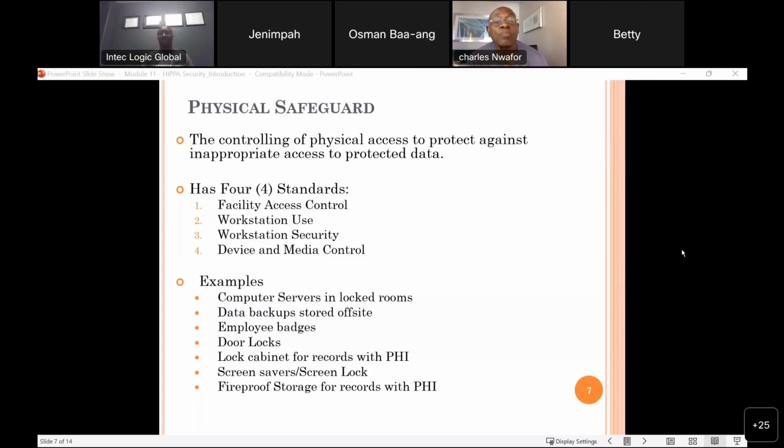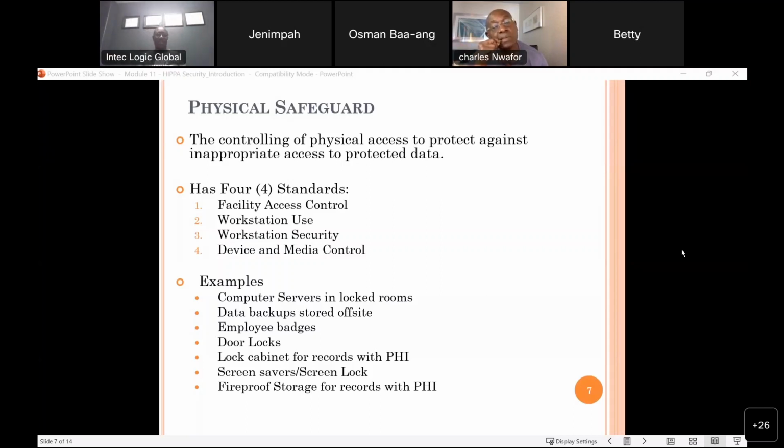Workstation use. Workstation is where you have your computer and your monitors, right? How do you use your workstation? We'll learn about that. Then for that workstation, what security measures have you put in place to prevent physical access to that area? Device and media control, another big thing. So we're going to go deep into that.